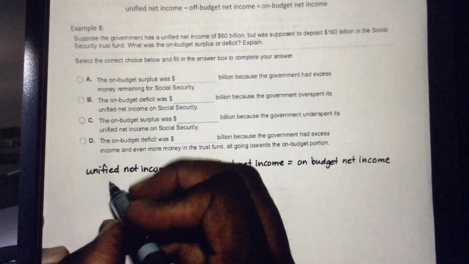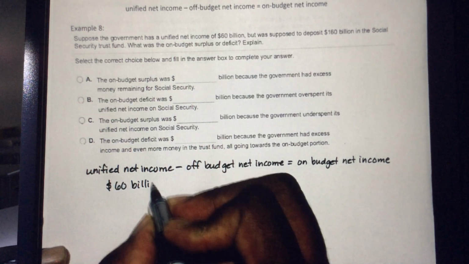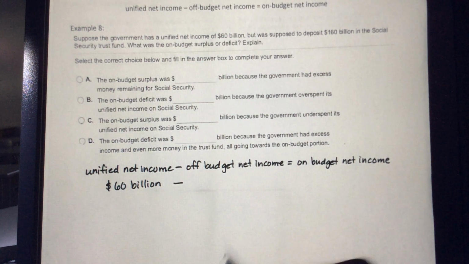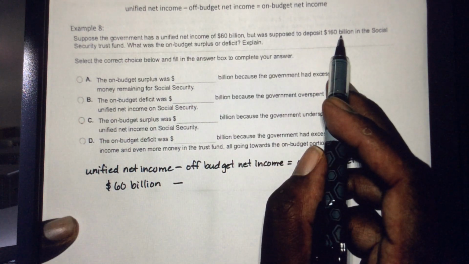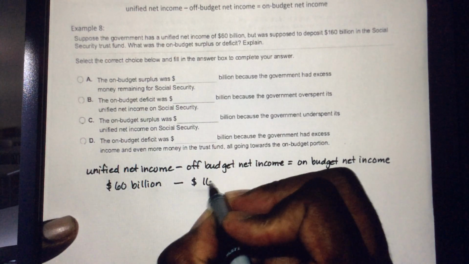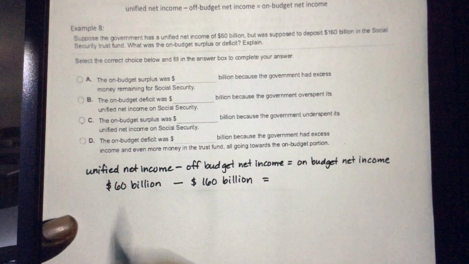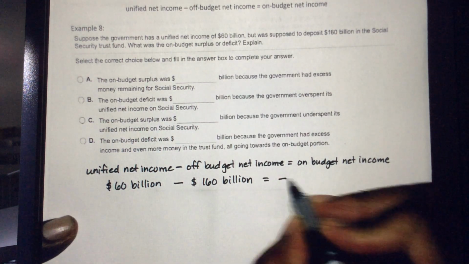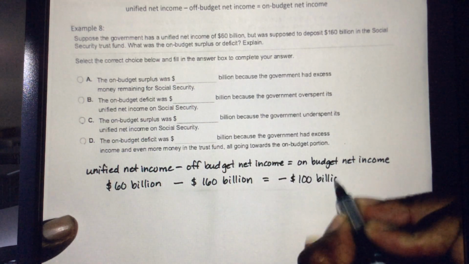That's given to you. So we're just going to say 60 billion. We're not going to write out what 60 billion is as a regular number. The off-budget net income was the amount that was supposed to be deposited, $160 billion. Well, if you do 60 minus 160, you're going to end up with a negative amount of $100 billion.